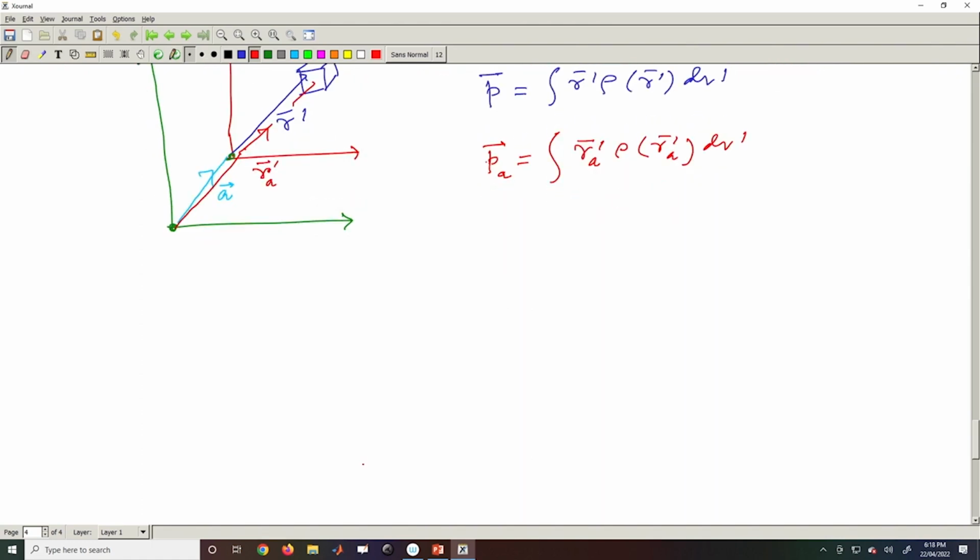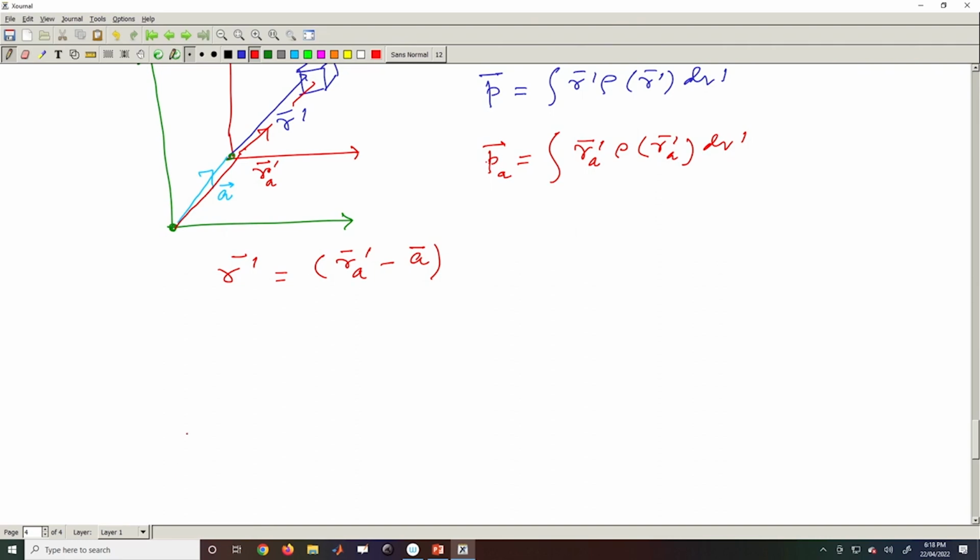Now, you can see that r prime is simply r prime A minus vector A.